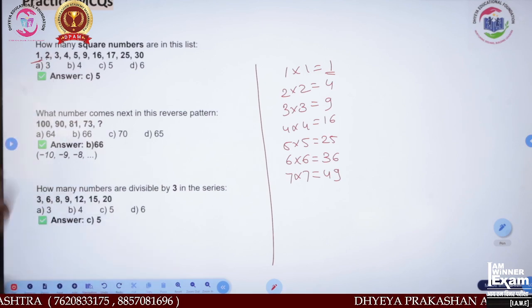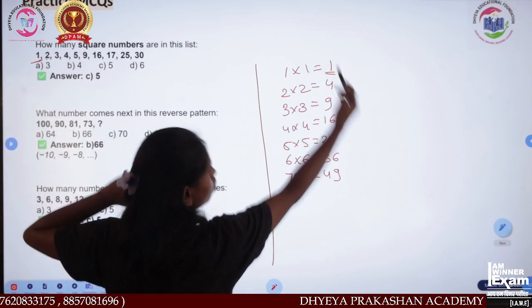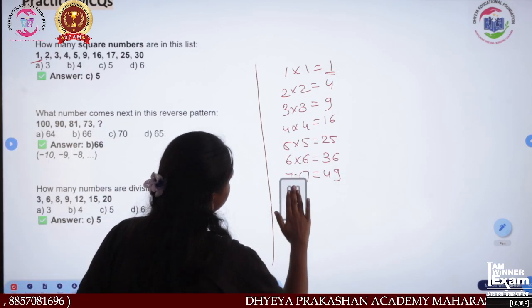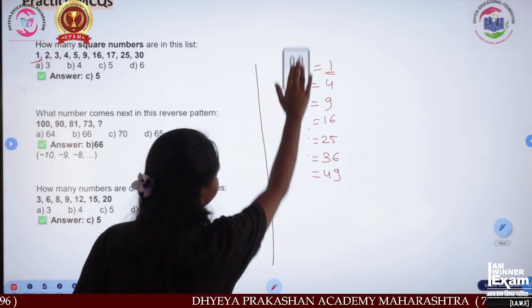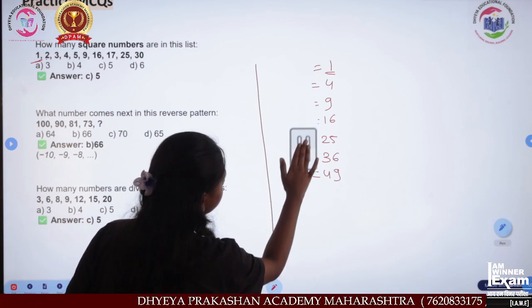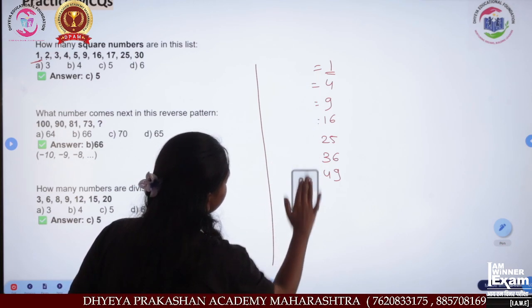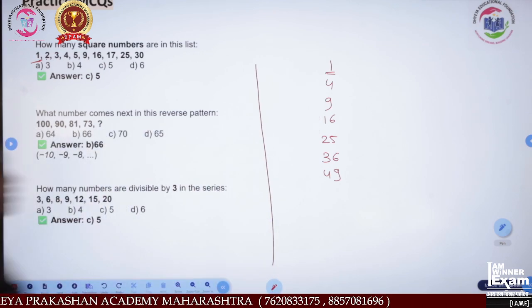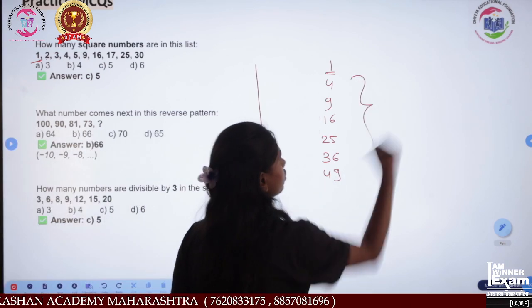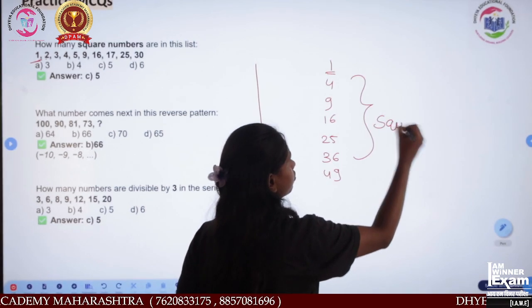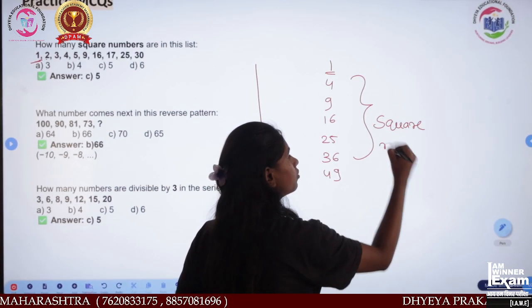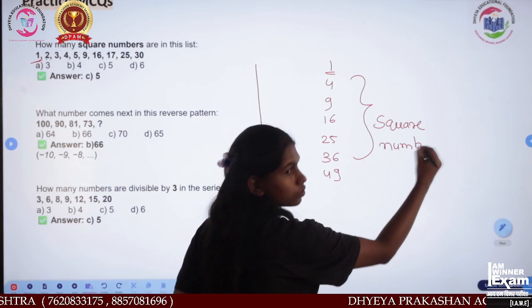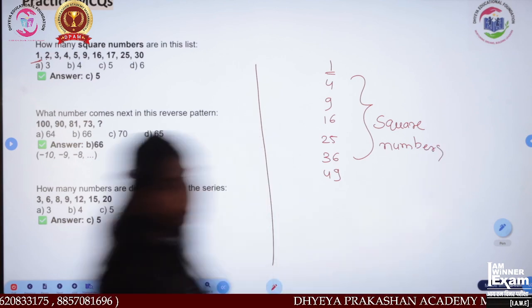Then 2. So 2 is not the square number, right? Let's erase this. Okay. So these are all the square numbers. Okay.